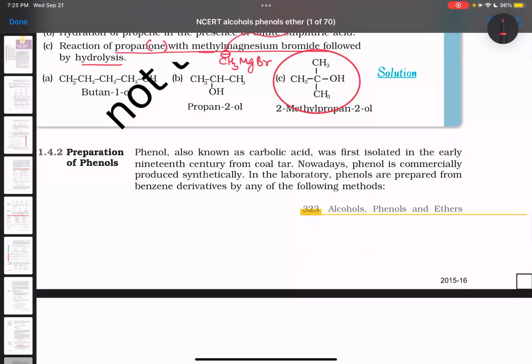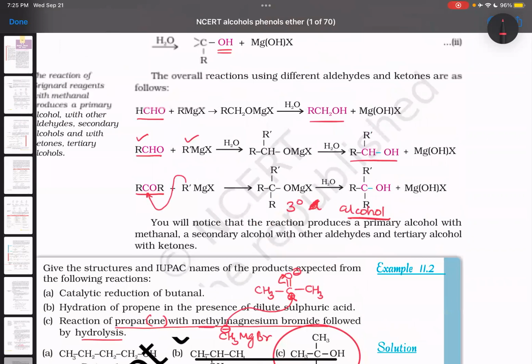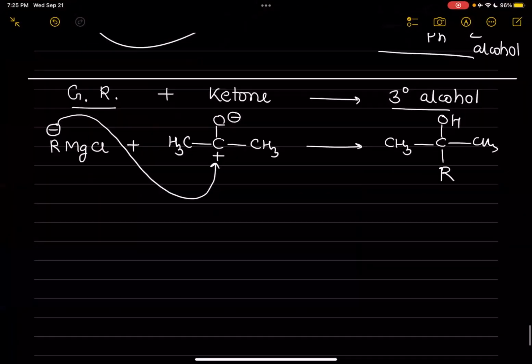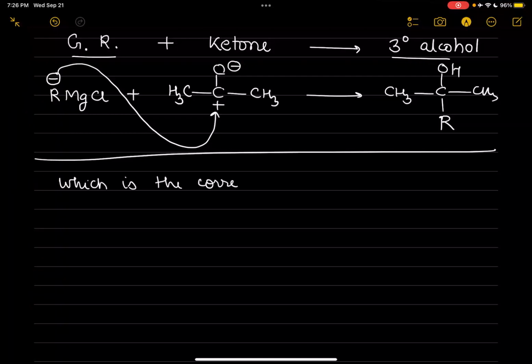So let's move on. This is the preparation of alcohols from Grignard. Let me ask one more question, then we can move on to the phenol.